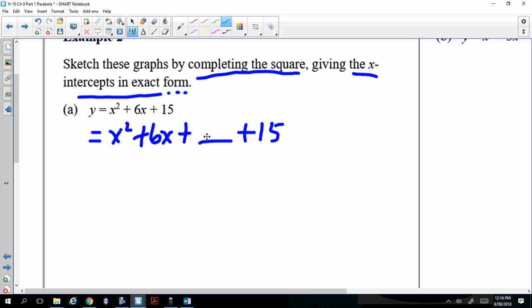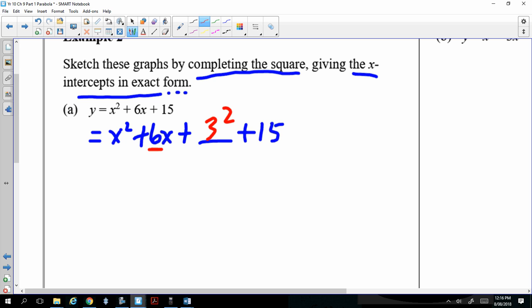Leave a gap there. Once you've left the gap, remember what you have to add to make it a perfect square. What do you have to add? 3 squared, right? Or 9. Because you added a 3 squared, you have to subtract the same amount, 3 squared. Get the idea?